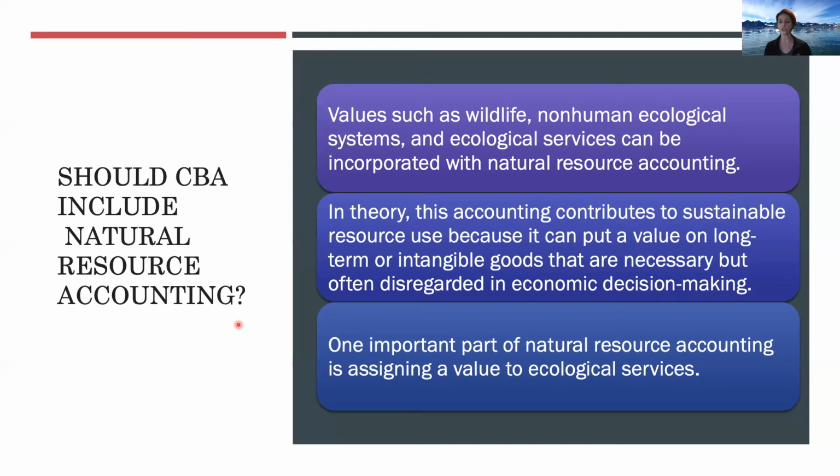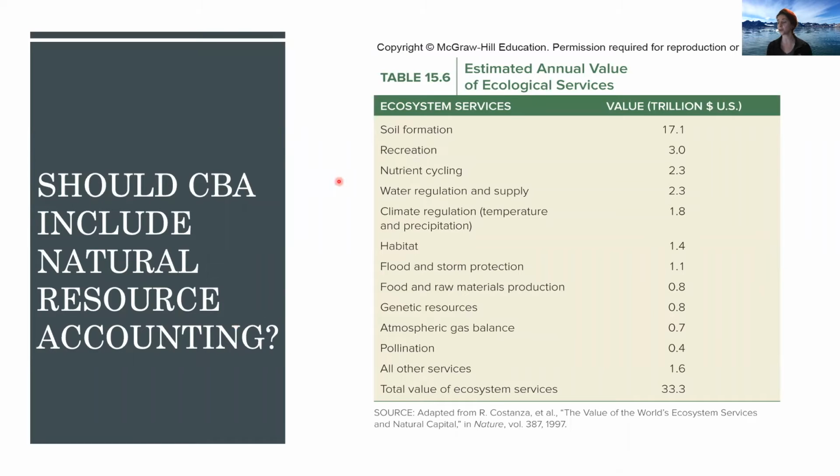So if we were to take a look at nature services, the total value of nature services on Earth, if we were to put a dollar value to it, is 33.3 trillion per year. And that's about half of the current annual world GDP. Here we have a table from your textbook that is the estimated annual value of ecological services.